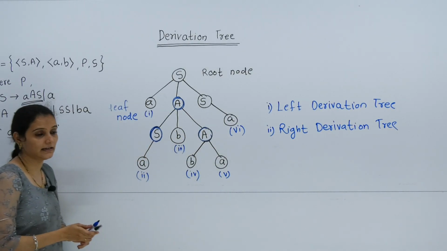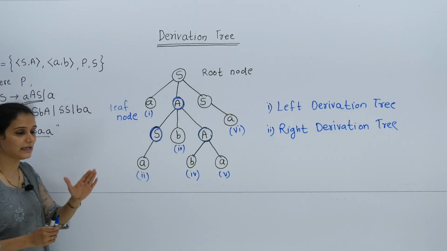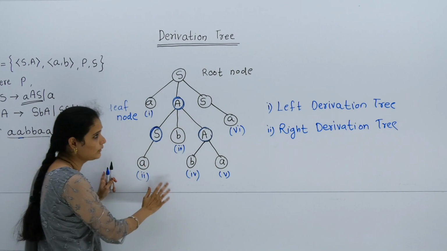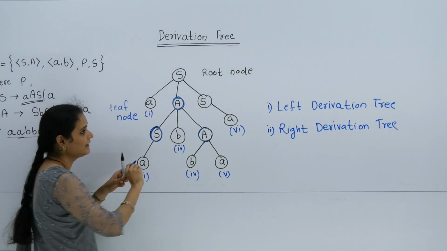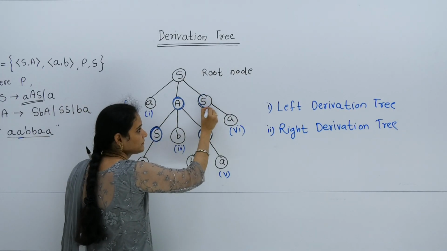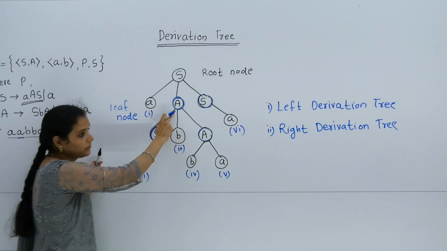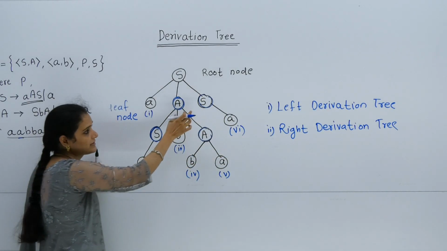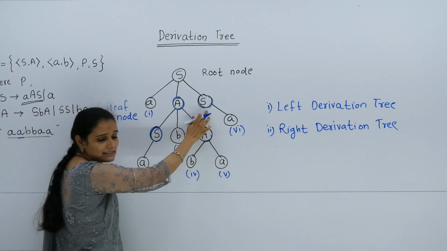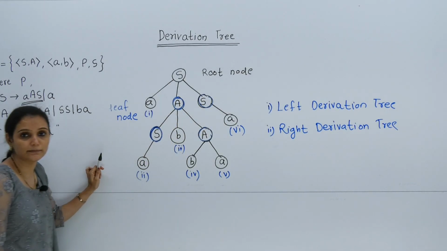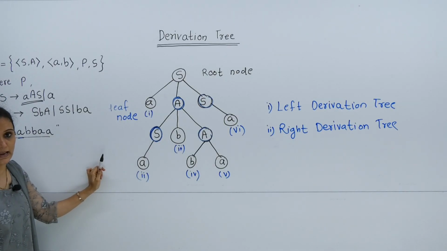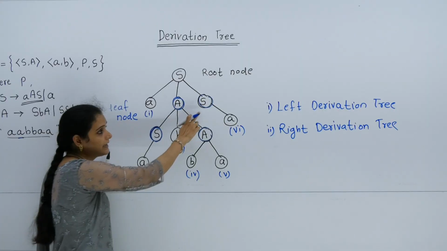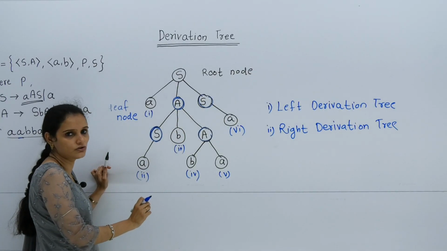Okay. So if I want to use the right derivation tree, what changes do we require? First I replace that S instead of that A, replacing S by the production rules, because between A and S, S is the rightmost non-terminal, and for the right derivation tree we always replace the rightmost non-terminal.